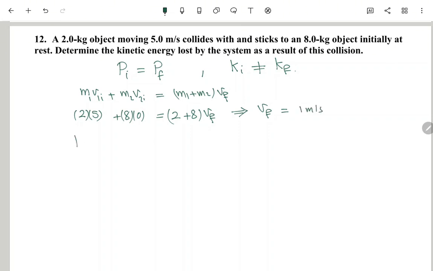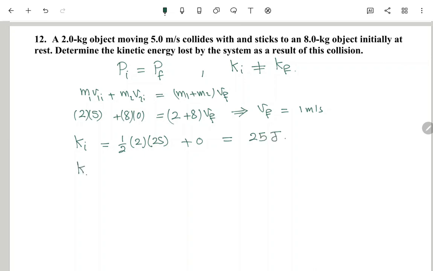Now the initial kinetic energy is equal to the initial kinetic energy of the first object plus the initial kinetic energy of the second object. The second object is initially at rest, so there is no kinetic energy for the second object. So it's half times 2 times V squared, 5 squared, 25, plus 0, or 25 joules.